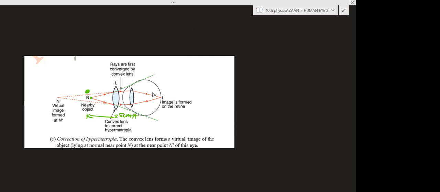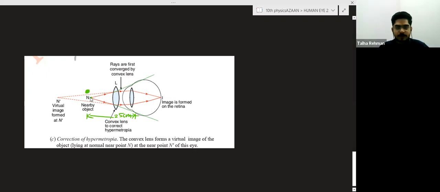Yes, sir. See, here is this nearby object. In actual, the object is here, and this eye wants to see this object, and this eye is suffering from hypermetropia. So this is the object at 25 centimeter, but this eye cannot see. So we place a converging lens.